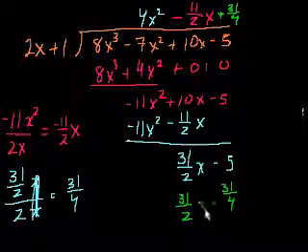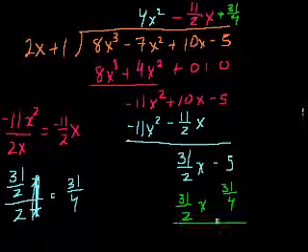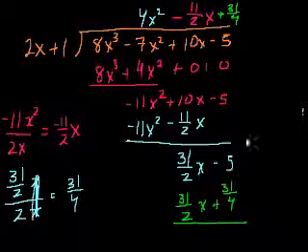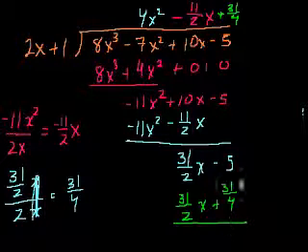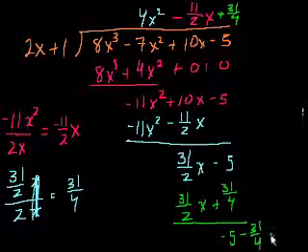31 over 2x. And now we subtract the green expression from the light blue expression. When you subtract this from this, you're left with 0, so nothing shows up there. And we're left with minus 5 minus 31 over 4. And we can just do a little bit of fraction work here. That's equal to minus 20 minus 31, all of that over 4.